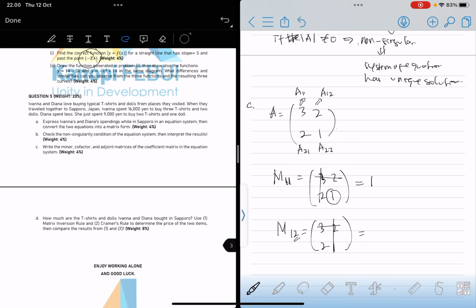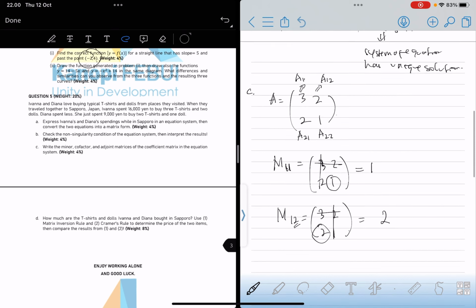So the remaining is 2. But you have to know that because this one is 1,2 and 1 plus 2 is 3, which is an odd number.